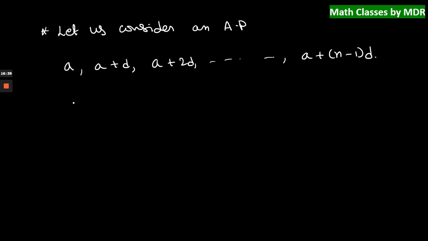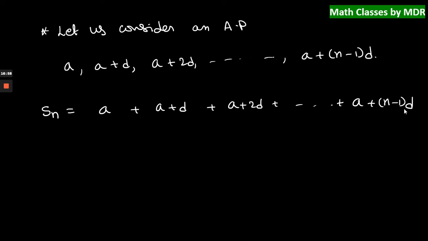Now what is the sum of these terms? Let us say the sum of n terms is Sn, which is equal to a plus a plus d plus a plus 2d plus and so on, up to a plus n minus 1 into d. This is the sum of all the terms.